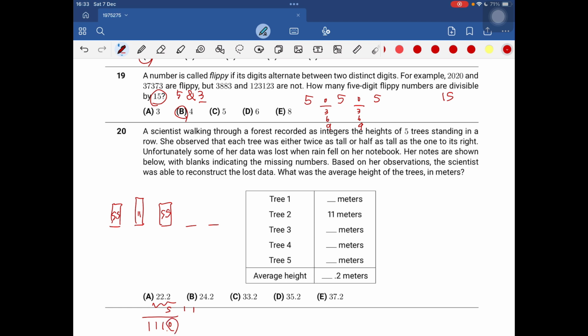But with 11 and 22, I cannot make a number like 111, because we need at least 111, all the same.